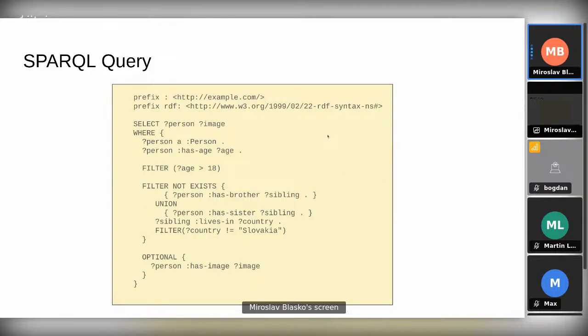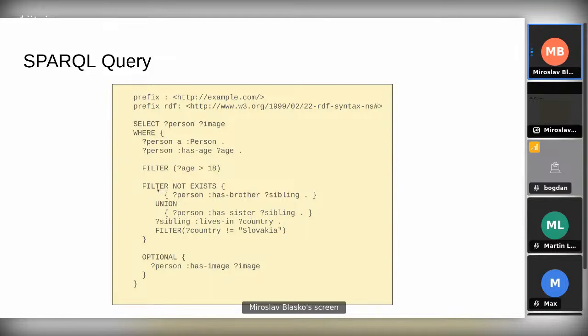So here is an example query which I believe asks for a person that has an age of at least 18 years old. Well, at least 19, because here it is not equals. So at least 19 years old.